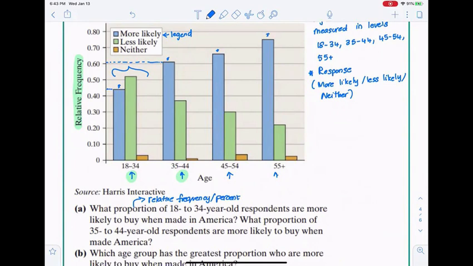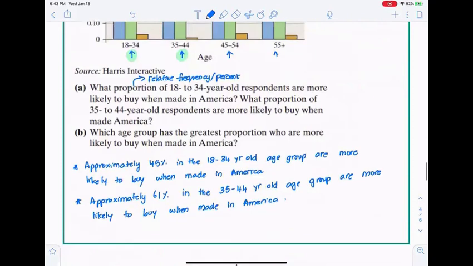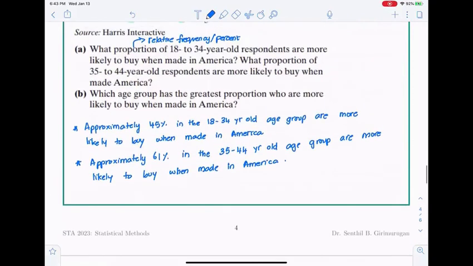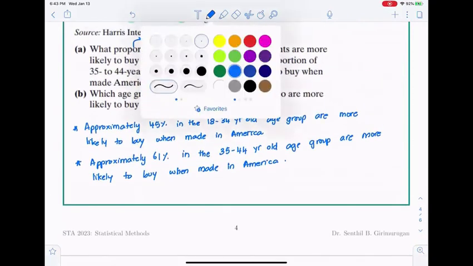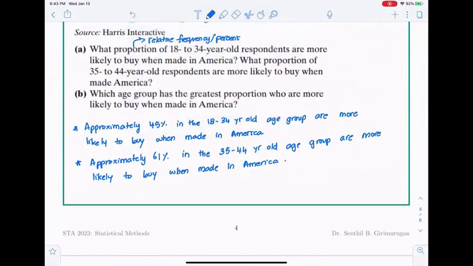Only by looking at the blue bars, which correspond to the more likely case, we can see that for the age group 55 and above, if the ad says made in America, that group is more likely to buy. So the tallest bar happens in the age group 55 plus.